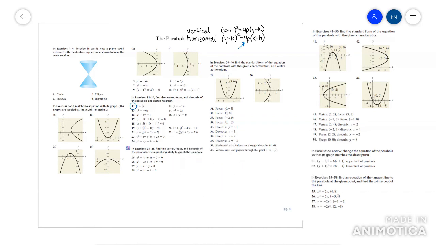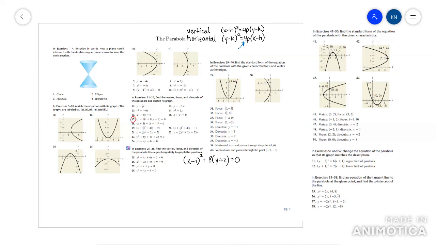Okay, let's look at another one. Let's look at a tougher one, like number 17. You got (x - 1) squared, oops, it's not equal, it's plus 8y plus 2 equals 0.